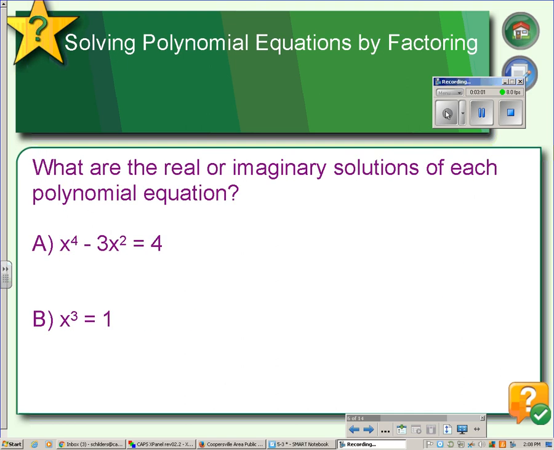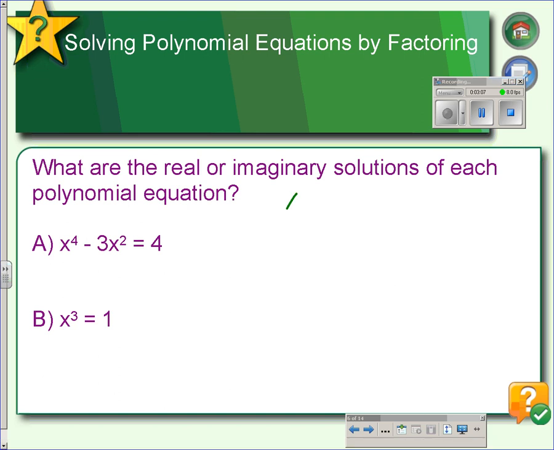Okay, so now on example A here, we're going to start by putting it in standard form. So we have x to the 4th minus 3x squared minus 4 equals 0. So now we're going to be factoring a quartic, which we've never done before. Factoring a quartic is just like factoring a quadratic.